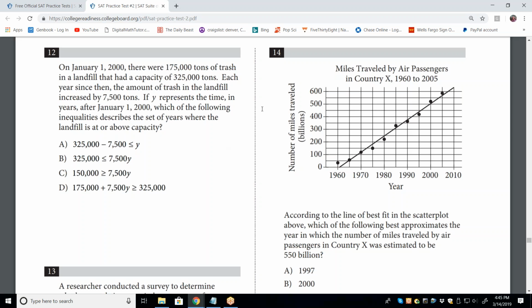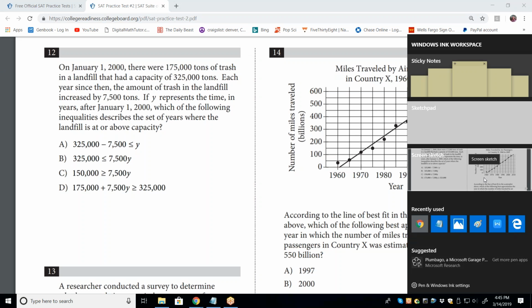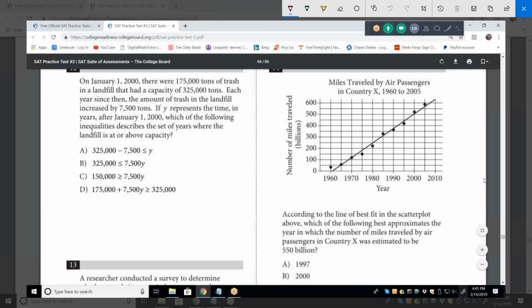And what would your equation be for how many tons of trash are in the landfill? Okay, so just looking at it, I know that you start with an initial 175,000 tons of trash, and then it increases annually.